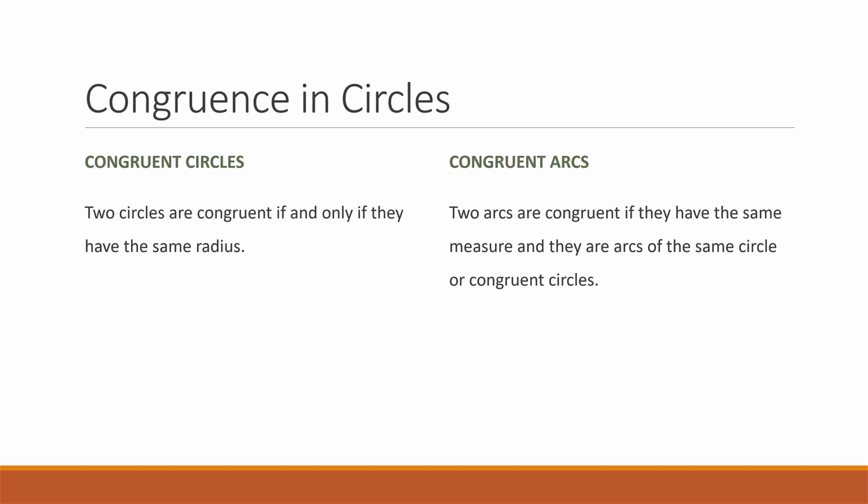And then congruent arcs. Two arcs are congruent when they have the same angle measure and they're part of the same circle, or when they have the same angle measure and congruent radii. So again, it comes to that size and shape. Same radius, same angle measure.